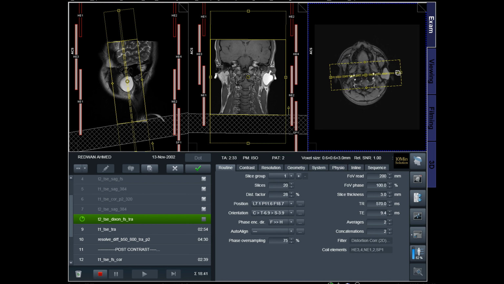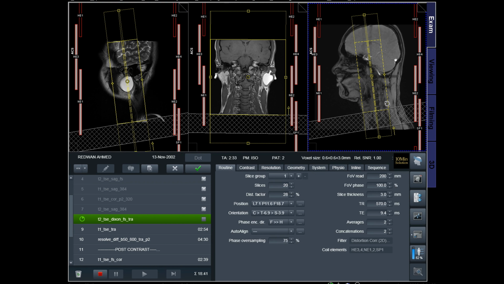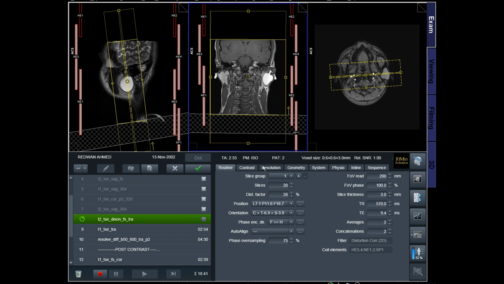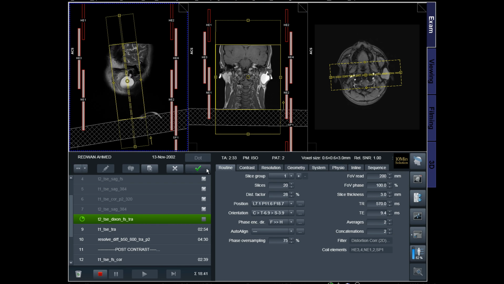Why MRI for the parotid gland? The parotid region contains complex soft tissues, and MRI is uniquely suited to reveal them in detail.